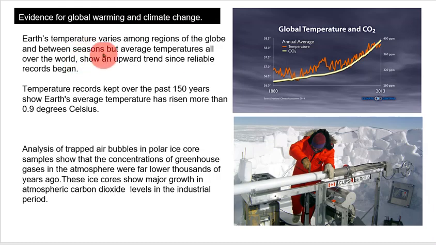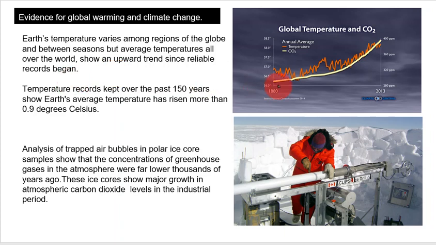Evidence for global warming and climate change. The picture we looked at there is one form of evidence, where people can see the changes that are happening. Earth's temperatures vary among regions of the globe and between seasons, but the average temperature all over the world has shown an upward trend since reliable records began.